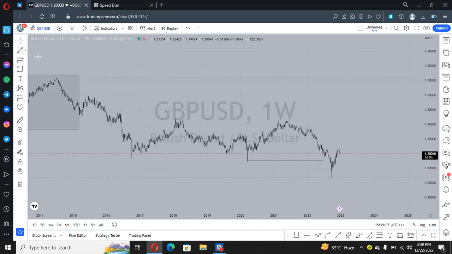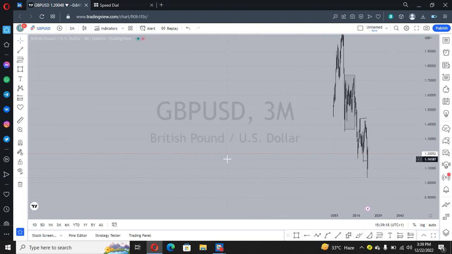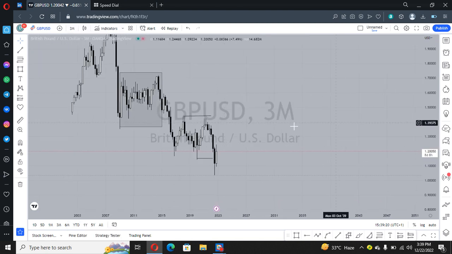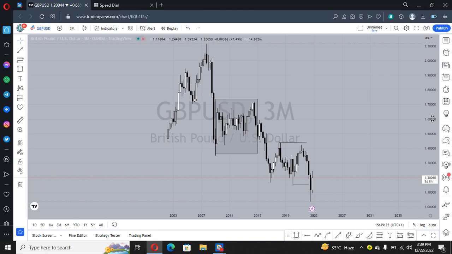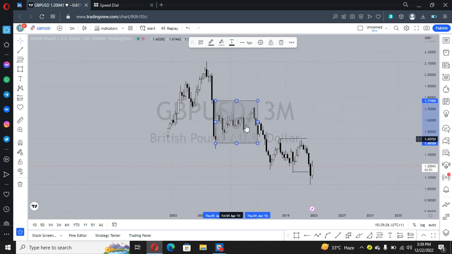So on GBP USD, I think the price will trade on liquidity that we're having here. If you go to your 3-month chart, you can actually see it from here. On the 3-month chart right here, we have this consolidation right here.